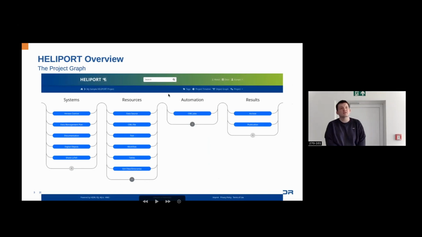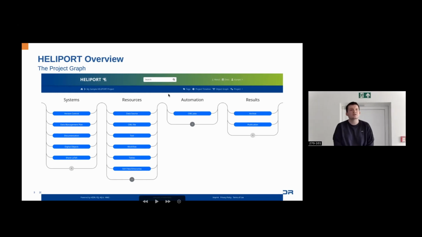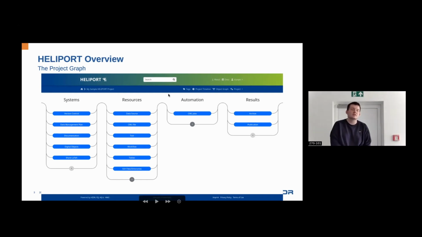Okay, so this is an overview of a sample project that you can create in HELIPORT, which already uses a lot of the features that are available. Some of the things, for example, the data management plan and ShareLaTeX, at the current stage, these are just links to certain systems.